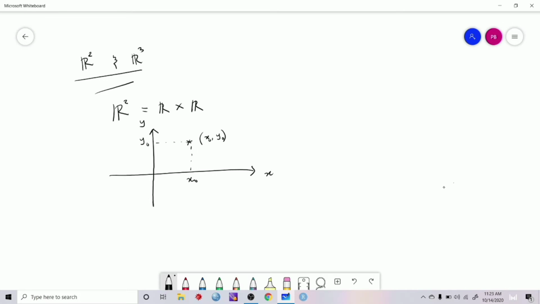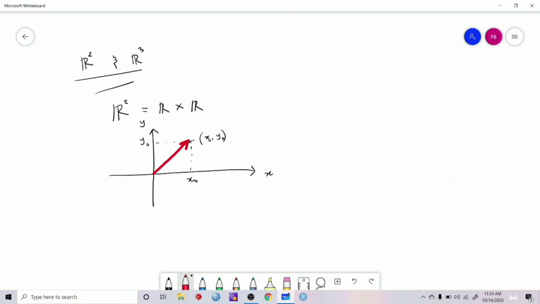Now, we can also express this notation in other notations. We can explain this point through what we call vectors. So we will draw an arrow like this, wherein the initial point of the arrow is at the origin.